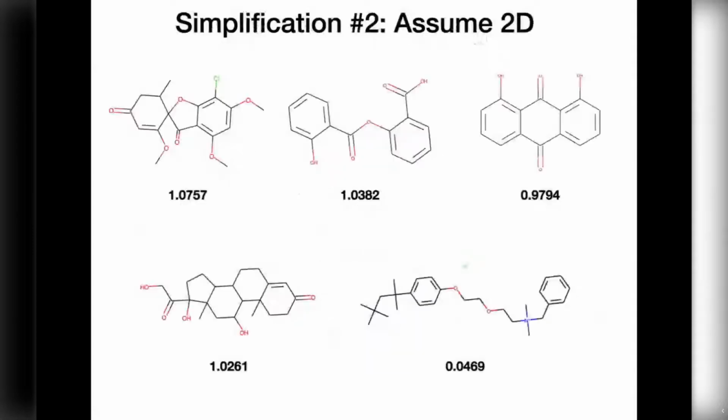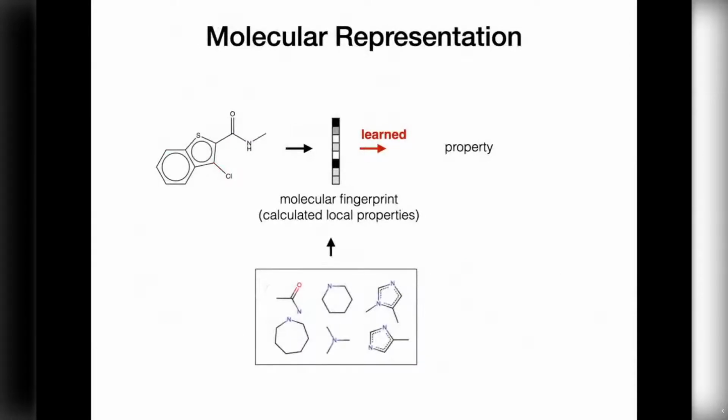Now, the idea of how to learn the mapping from 2D graph to the number is quite old. If you look at a more traditional medicinal chemistry approach, the way they've done it for decades before deep learning came into play was the following. You take a molecule and you summarize it as a fingerprint. For the computer scientists in the audience, what it means is that you are pretty much summarizing the molecule as a vector of different substructures.